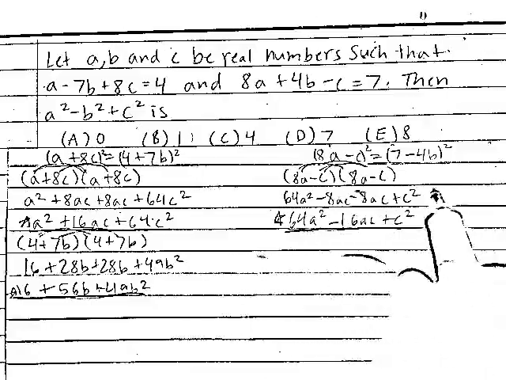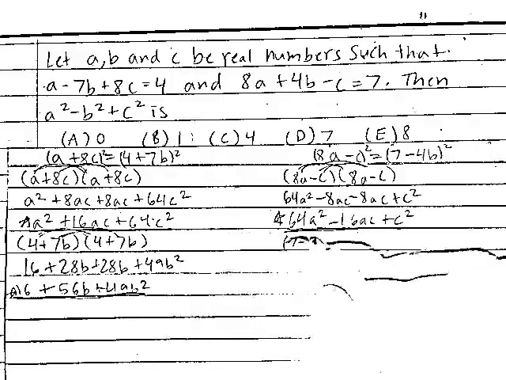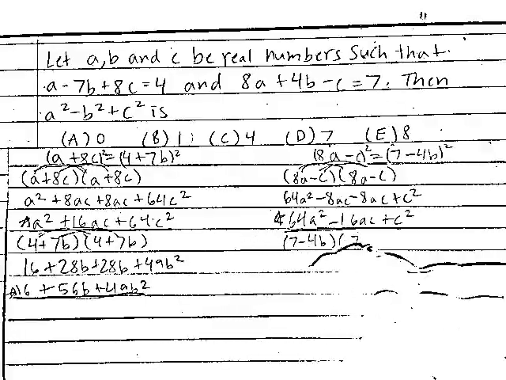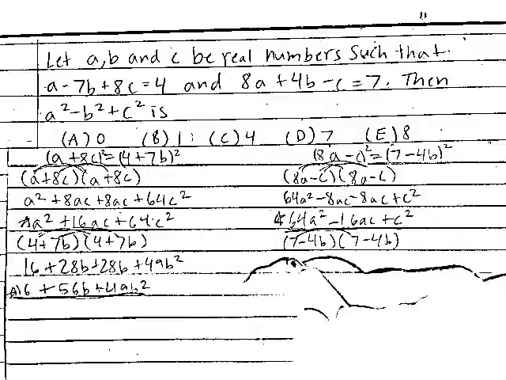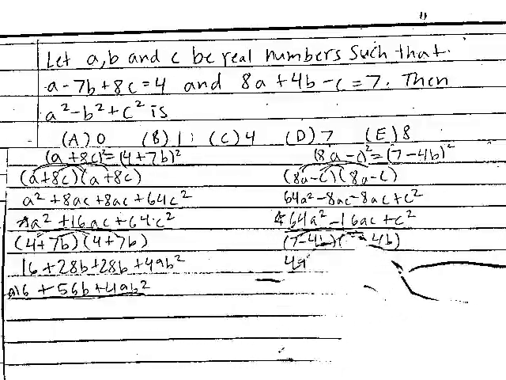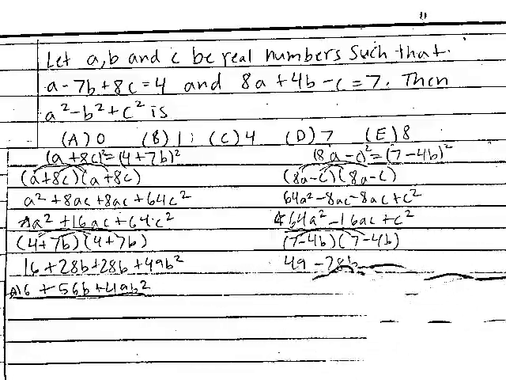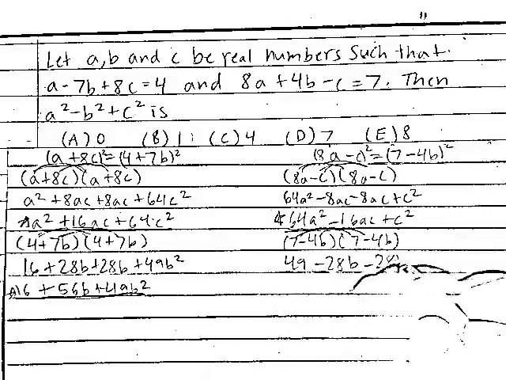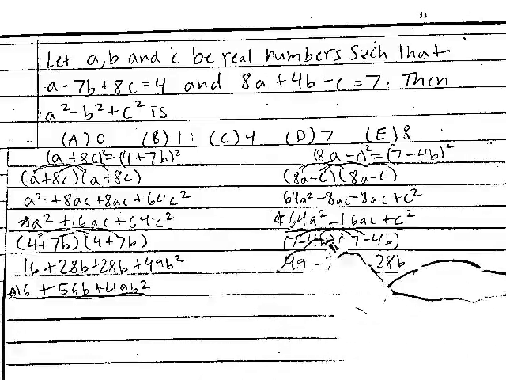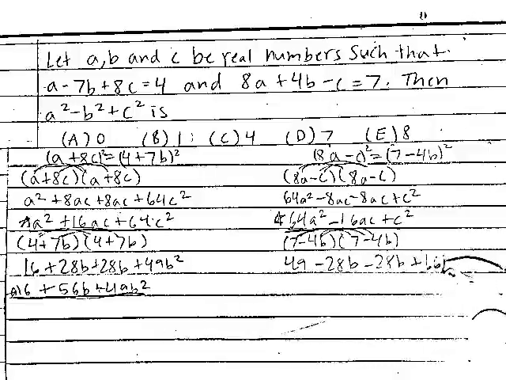And then now we're going to do it for this side, which is 7 minus 4b times 7 minus 4b. First is 49, outer, negative 28b, inner, negative 28b, and last, which is positive 16b squared.